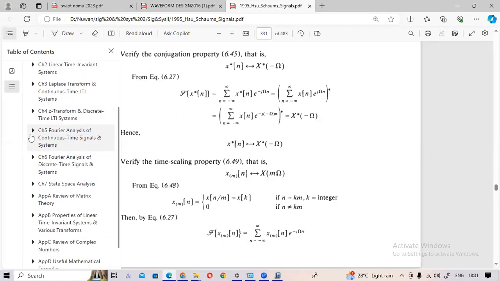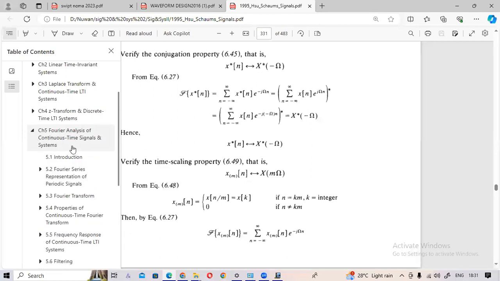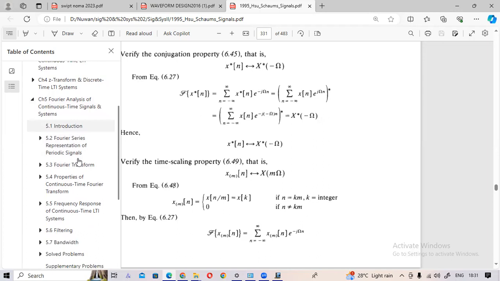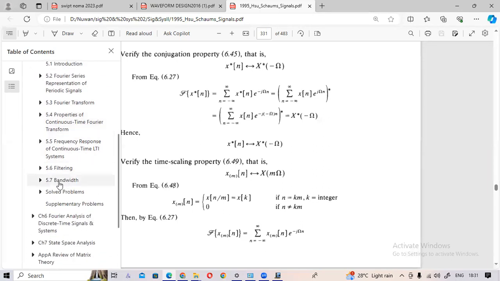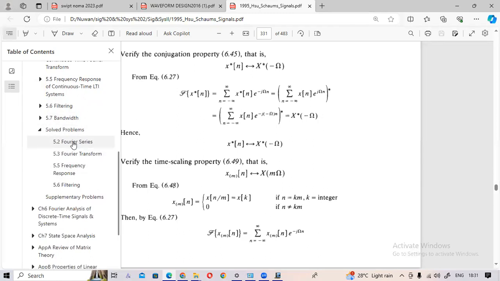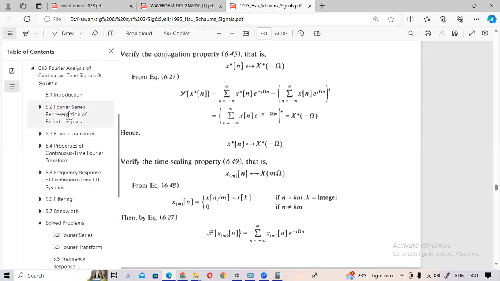Okay, so actually chapter 5 is related with the continuous time Fourier series analysis, which we have done in signals and systems. And there are a lot of solved problems. You can solve these problems if you need. Okay, and the equations are there.